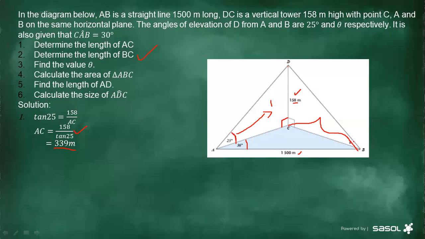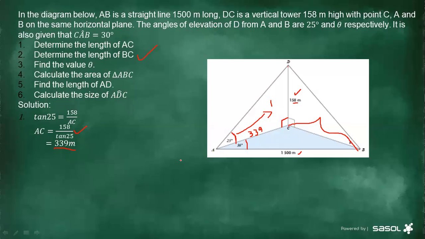The angle is unknown, so it's not possible to use that triangle. What about triangle ABC? Yes, you can use it, because we have just determined this side, which is 339 meters. We now have two sides and one angle between those given sides.